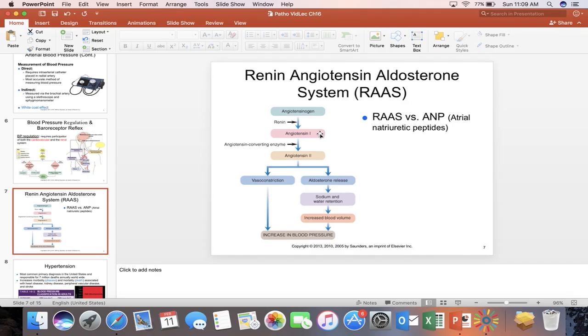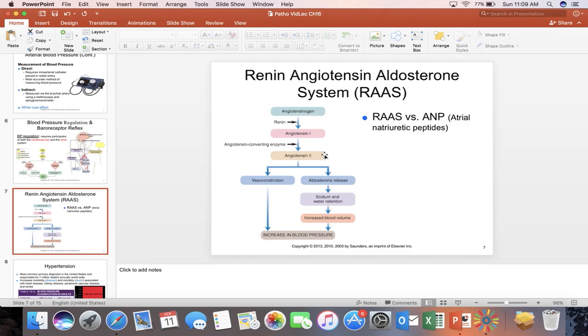Angiotensin 1 will then be activated once again by another enzyme, called the angiotensin converting enzyme, also known as ACE, into angiotensin 2. Angiotensin 2 has two important functions. First, it is a very potent vasoconstrictor, and that vasoconstriction causes an increase in blood pressure.